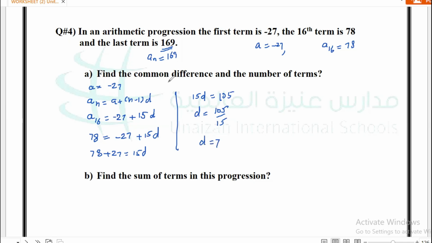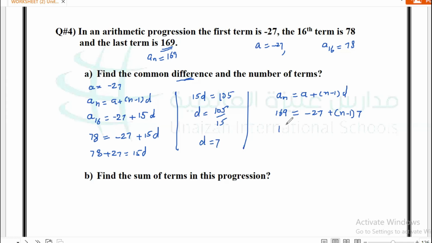So we found the common difference, and then we are looking for the number of terms. That An formula will again work for us. An is equal to A plus n minus 1 d. As we know, the last term is 169 and the first term is minus 27. We don't know n minus 1, d we just found, which is 7.